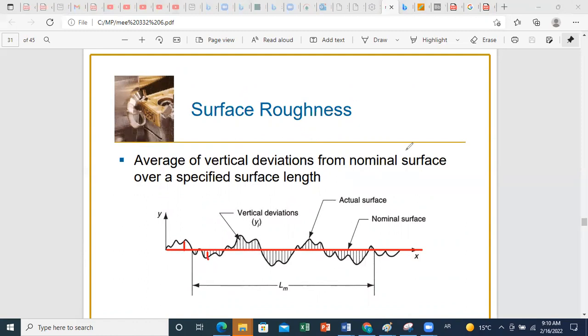Because if you do the average value without taking the absolute value, it might be confusing, because you have zones where you have a deviation upward and other zones where the deviation is downward. So if you just do an average value, you might get a value close to zero, while in reality you have deviations. This is why when calculating the average deviation, we take the absolute value of deviation, in order to consider the possibility of having deviation from the upper side or from the lower side.